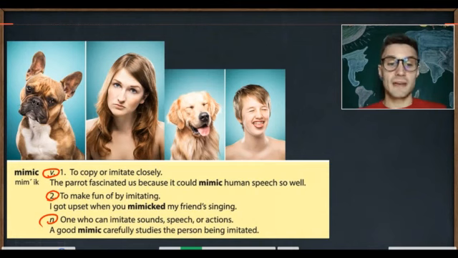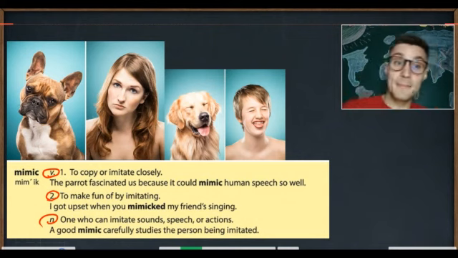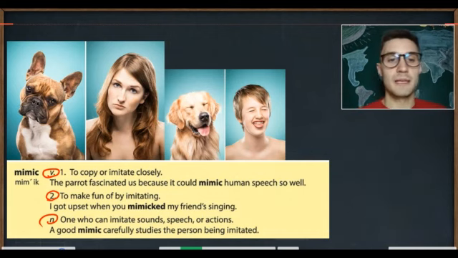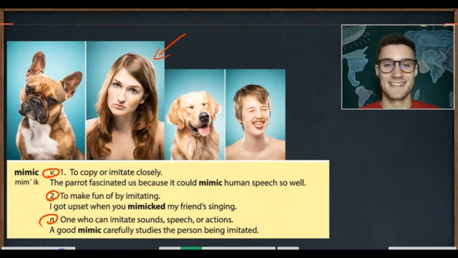A good mimic carefully studies the person being imitated. So sometimes actors in movies mimic real people who lived in real life, you know. See, these people mimic their dogs' faces. It's quite funny.